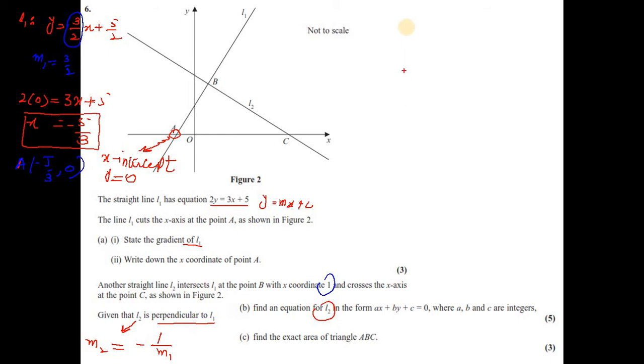That means for L2, the gradient would be equal to minus 2 by 3. You can see that m1 is 3 by 2, so m2 would be equal to, we take the reciprocal and change the sign, so minus 2 by 3. This is the gradient m2.